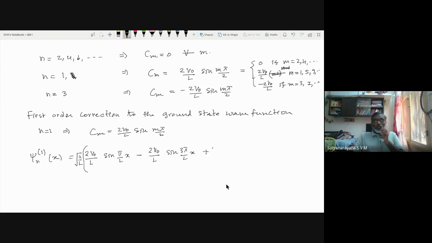So plus 2v naught by L into sine 5 pi by L into x. Now 7 pi will be minus 2v naught by L into sine 7 pi by L into x. So you'll have all odd multiples of pi by L, but with alternate signs, and so on. So this is your first order correction.